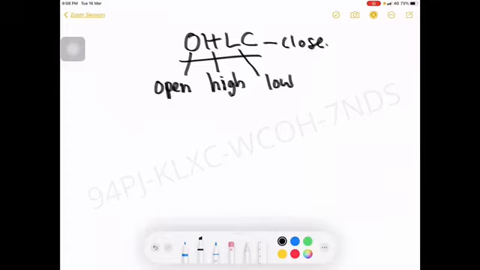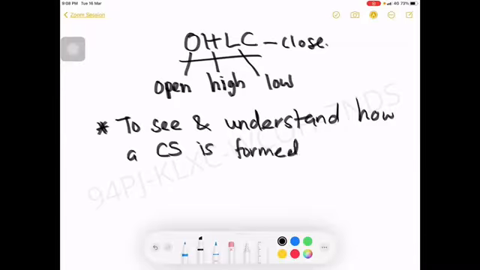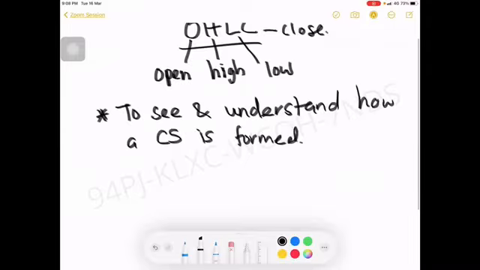So what is OHLC? OHLC is what we use to see and understand how a candlestick is formed. Okay, so there are only two rules for OHLC.